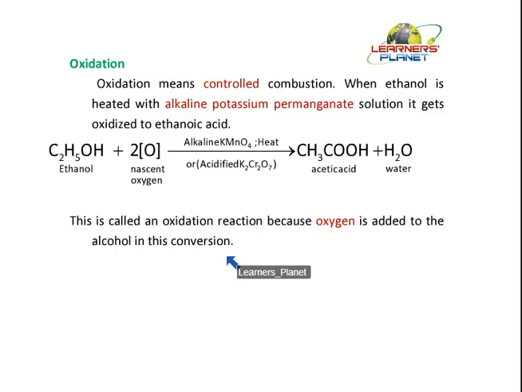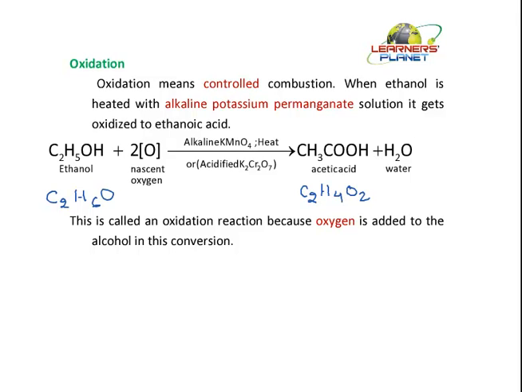Say here in ethanol there was a single oxygen atom, but after oxidation there is one more oxygen atom here. Here the formula of the compound was C2H6O, and here the formula of the compound becomes C2H4O2. So there is removal of hydrogen as well as addition of oxygen. So this is an oxidation reaction.